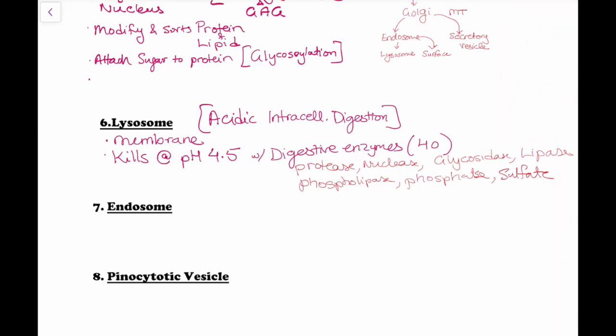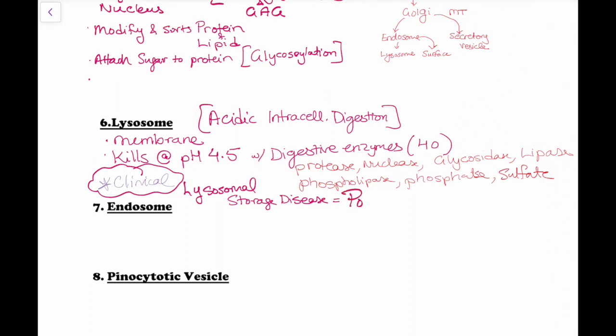Another clinical application to this is that clinically, it's important in lysosomal storage disease, and the one we care about in the oral cavity or in dentistry, let's worry about Pompe disease. So Pompe disease is a lysosomal storage disease where you have accumulation of glycogen, basically.